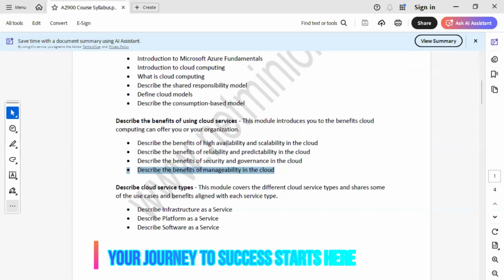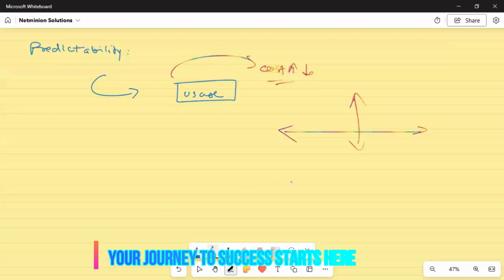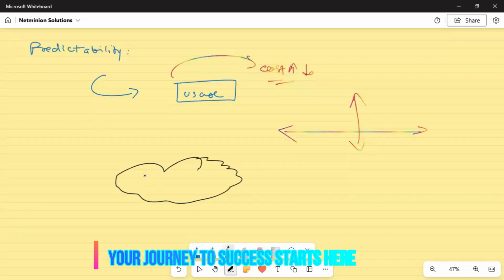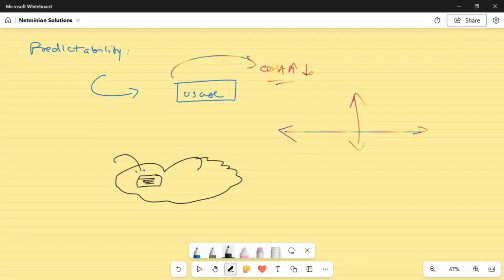So management of the cloud and management in the cloud are two things. Let me write down management of the cloud, which means you have some resources and you want to manage them. This management is really very simple.